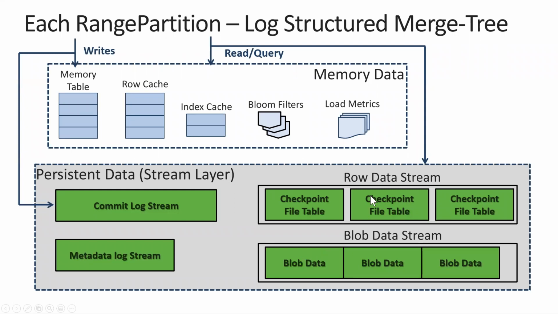Why they have separated row data and blob data is that blob data is binary data that does not need to be indexed by itself, but the rows in the table need to be indexed. So this index cache is for the rows of data over here and not the blob data stream, right?